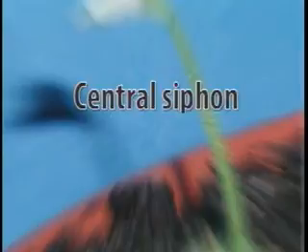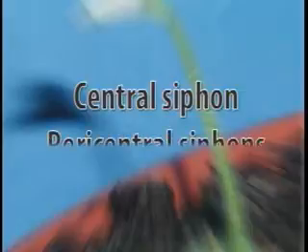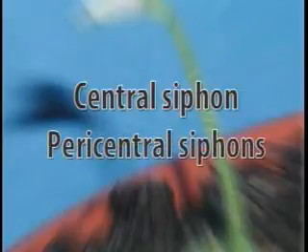There is one axial filament called the central siphon surrounded by a jacket of a variable number of peripheral filaments called the pericentral siphons. Such a thallus is called polysiphonous. Thus the genus derives its name from its polysiphonous nature.